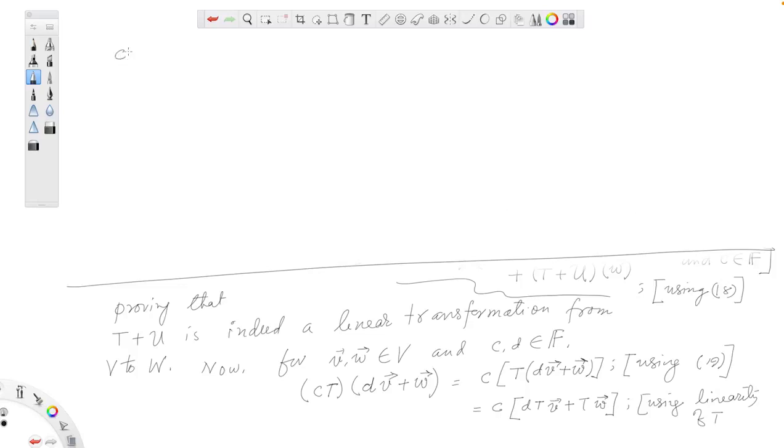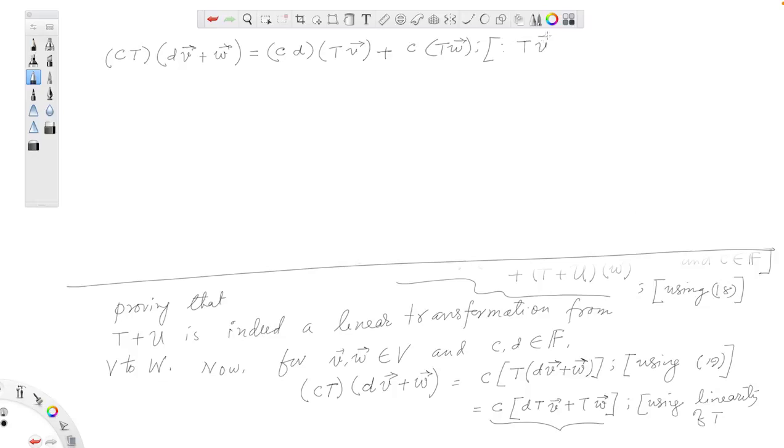So cT acting on dv plus w is equal to, now from here we see that this is equal to cd times Tv plus c Tw. Why is it so?